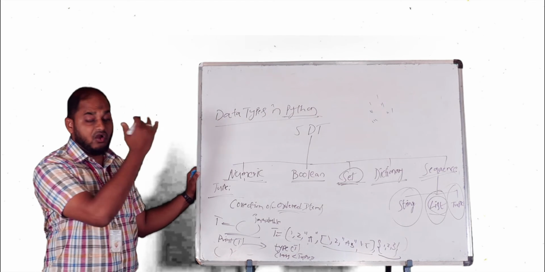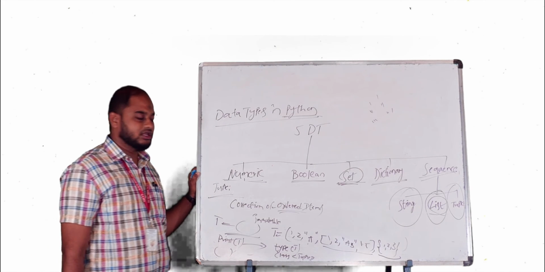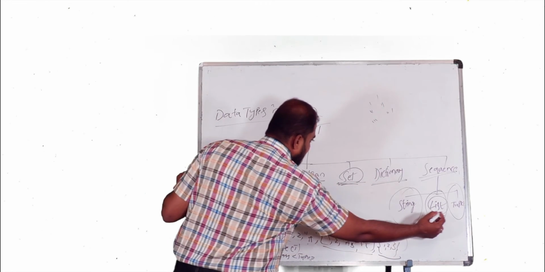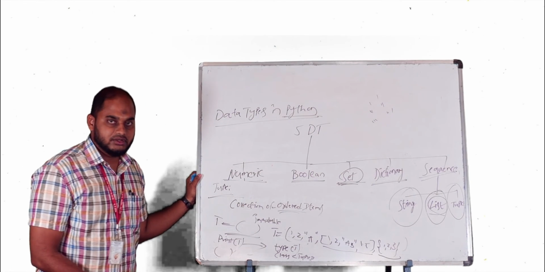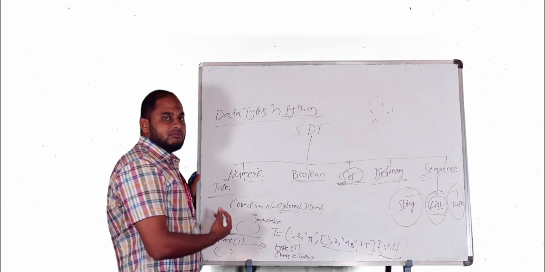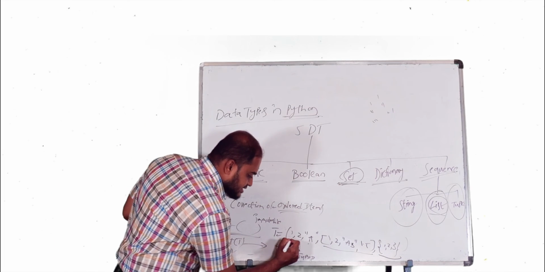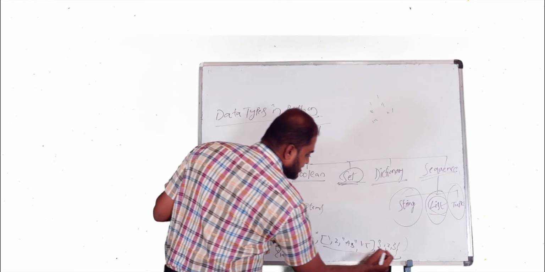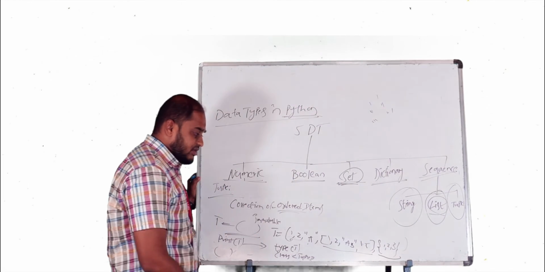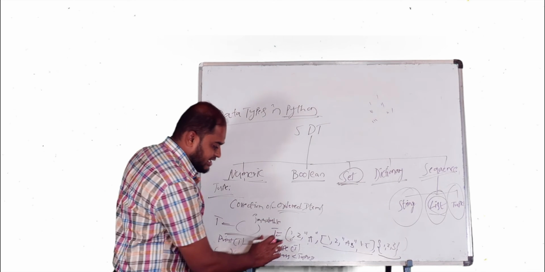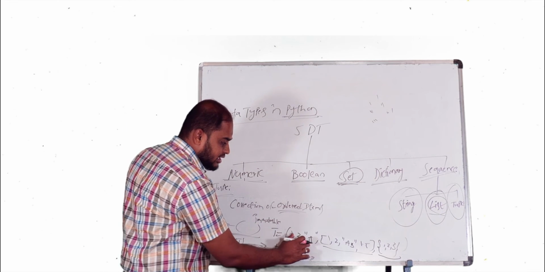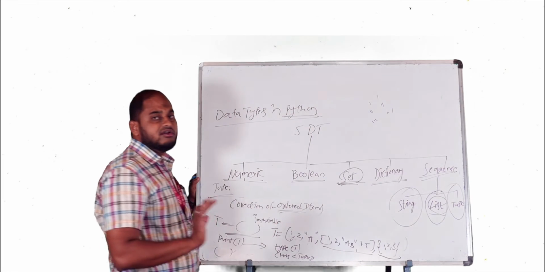For strings, how we did indexing, the same thing we can follow for lists as well as tuples. We can do positive indexing as well as negative indexing. The only thing you need to remember is that positive indexing starts with 0, whereas negative indexing starts with -1. For example, if you take this tuple, how many elements are there? 1, 2, 3, 4, 5. Five elements are there.